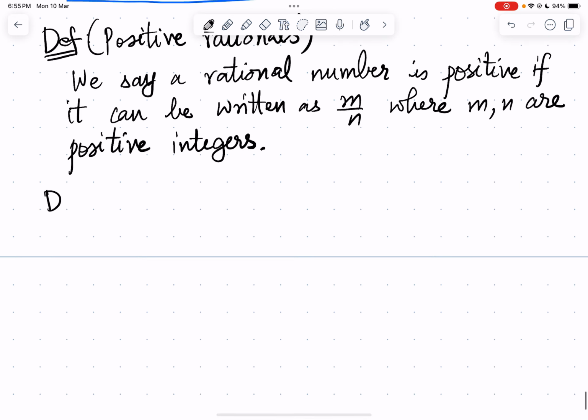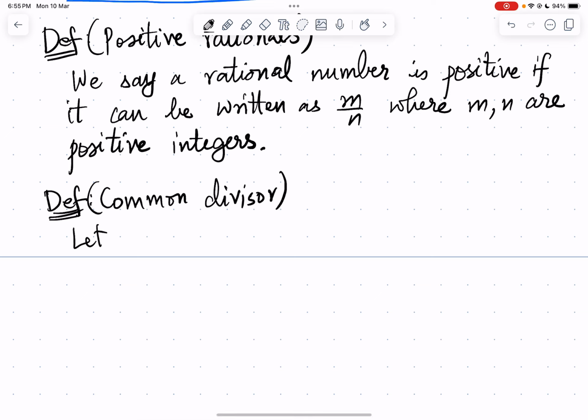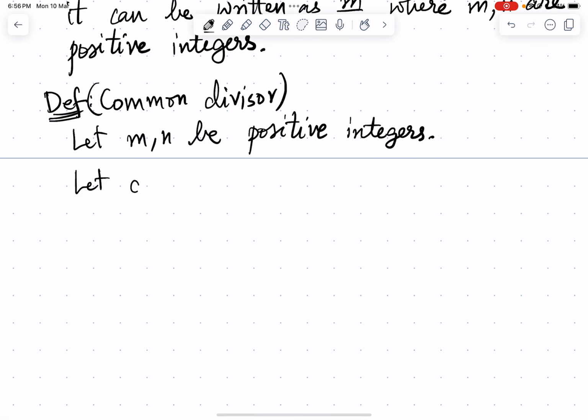So what is the common divisor? Common divisor of two integers. Let m and n be positive integers. Let d be a positive integer.